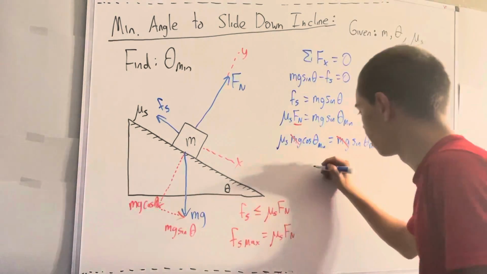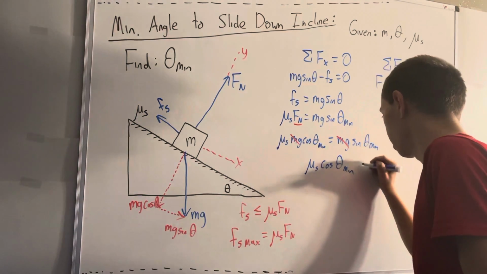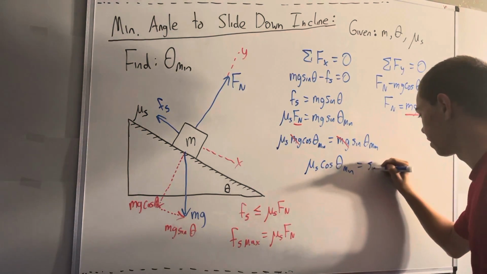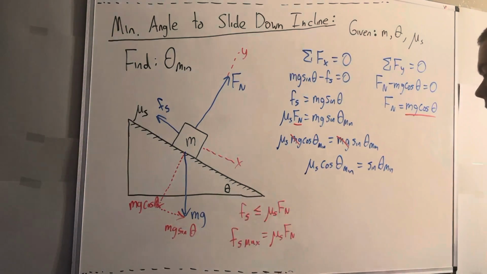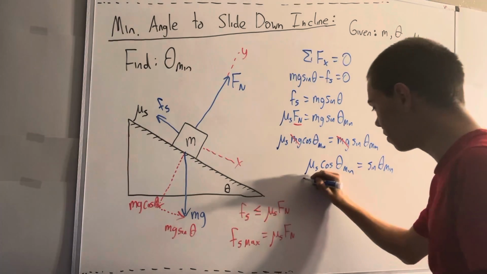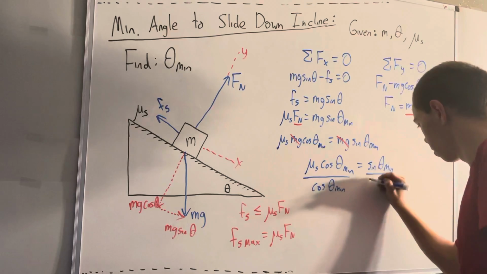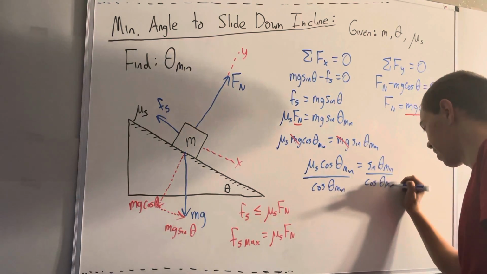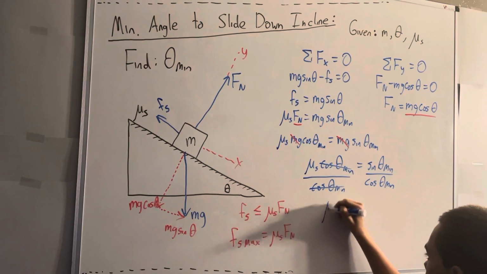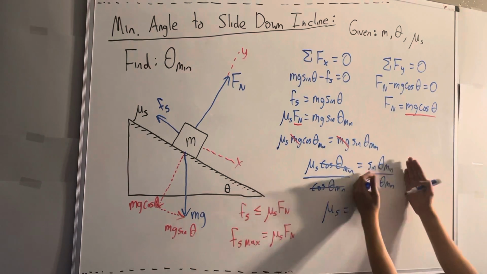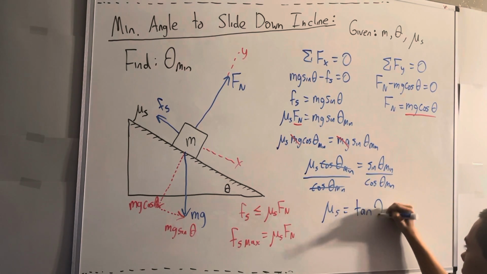And so we're left with mu s cosine theta min equals sine theta min. So now this is basically the equation that we're solving. Notice how we can divide cosine theta min on both sides. And the reason why this works is because we know this cancels out and we're left with mu s. But really, what's this? Sine over cosine is just tangent, so we get tangent of theta min.